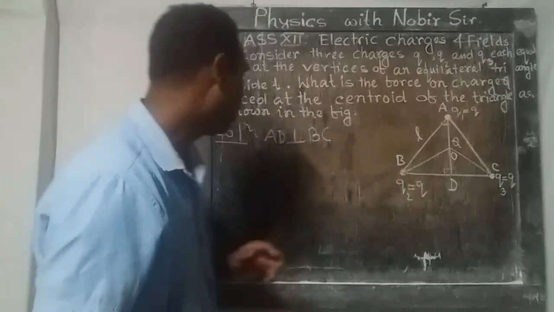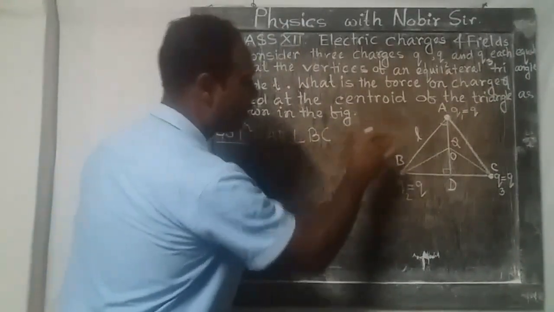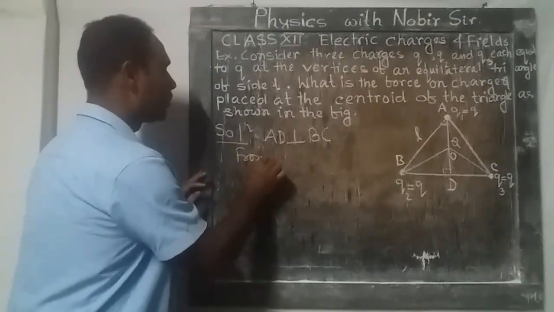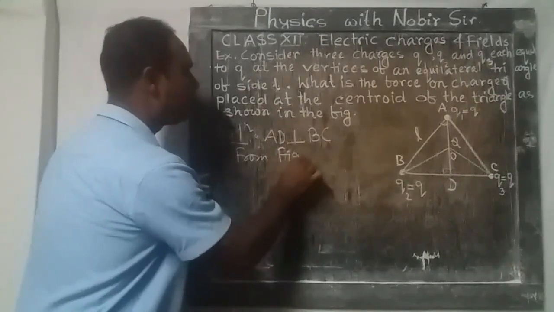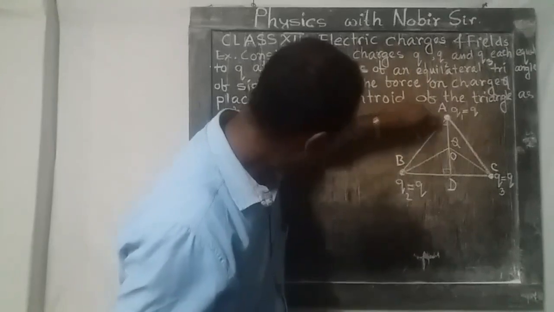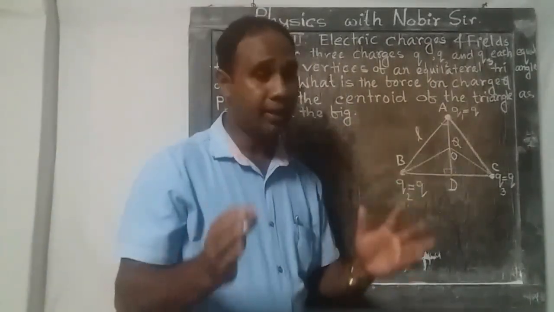Okay, now if we draw AD perpendicular to BC, then from the figure we can write, in this triangle ABD, this is a right angle triangle.